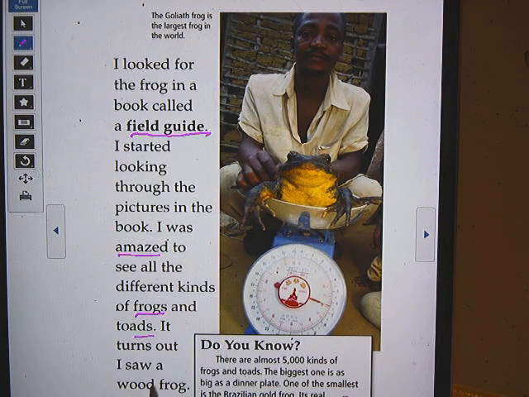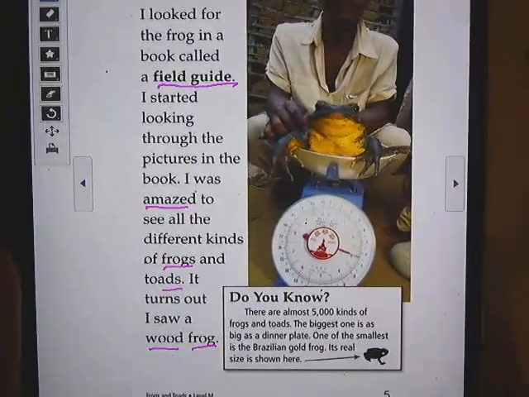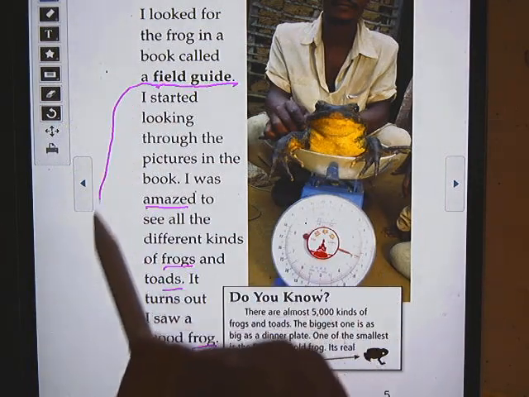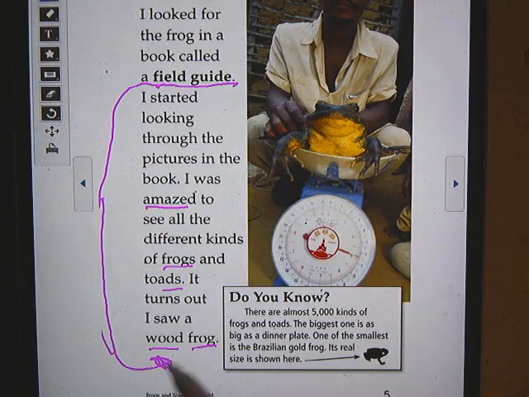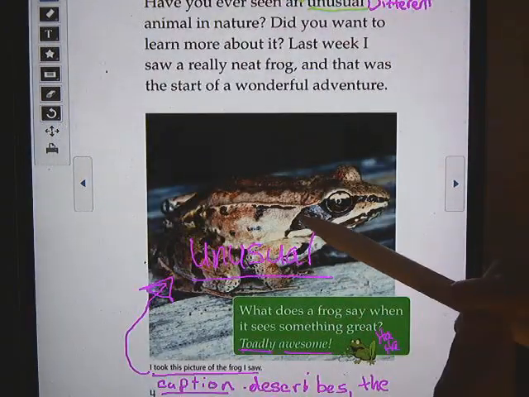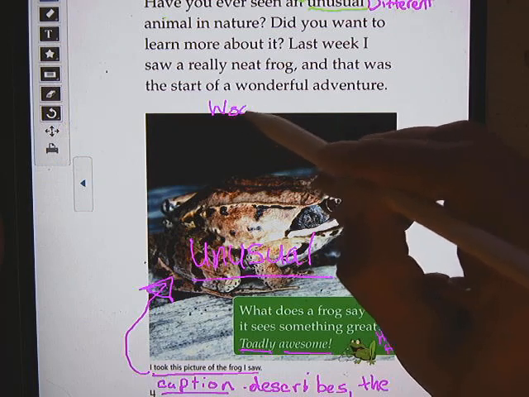It turns out I saw a wood frog. So she went through her field guide and she figured out that what she was actually looking at was a wood frog. So what kind of frog is this? This would be a wood frog.